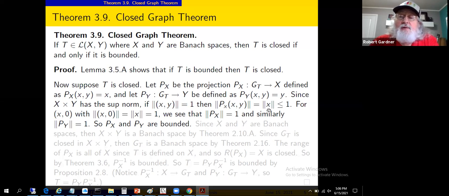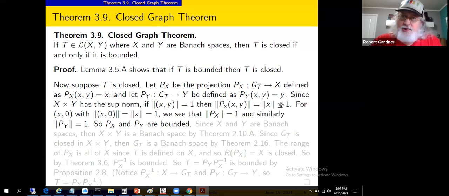Vector X must have norm less than or equal to 1 if vector X comma Y has a norm of 1, since we use a sup norm. So we get the norm of P sub X of X comma Y, where X comma Y is a unit vector, to be less than or equal to 1. What we're going to show is we can make that equal to 1. What we get from this is that the operator norm of P sub X is less than or equal to 1, is what we have now.